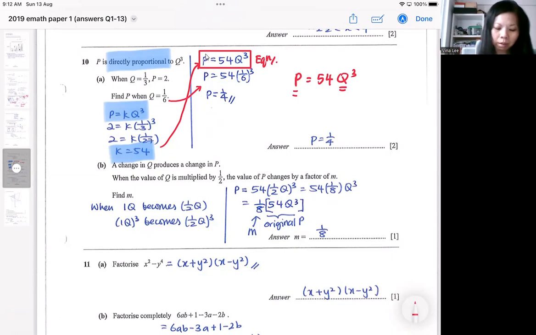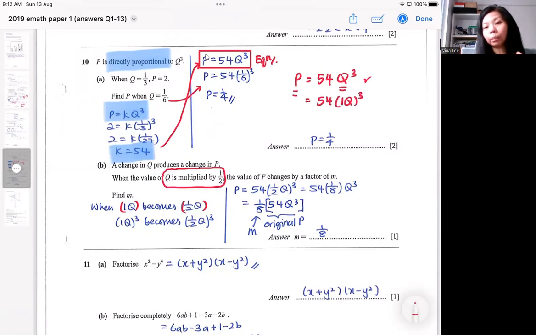Okay, so the question says the value of Q is multiplied by half. The effect of Q multiplied by half will be something like, originally it is 1 Q, it will have become half Q. So when you are at the equation here, you need to understand that you are taking a cube on 1 Q. You cube the value of 1 Q. Right now the 1 Q will become half a Q. So if you go and cube the original Q, you are going to cube half Q. So it's like I cube both sides.